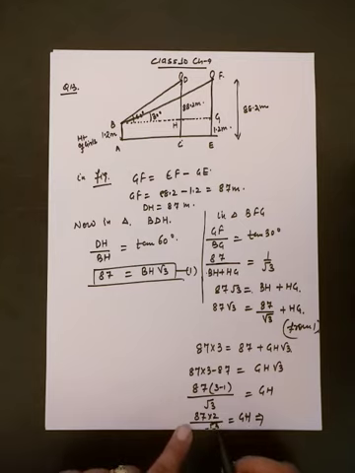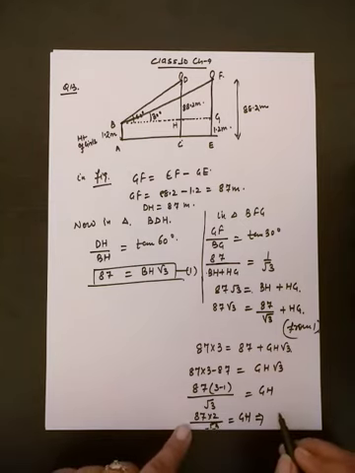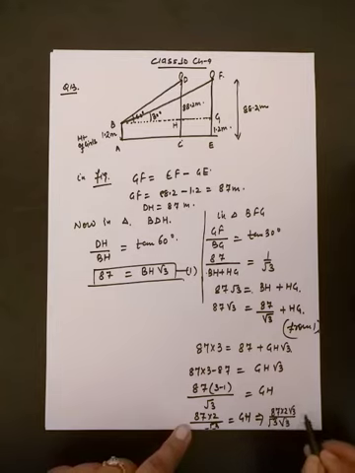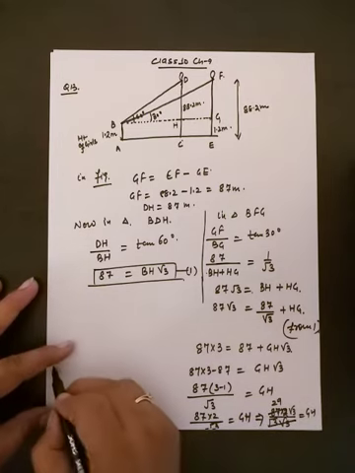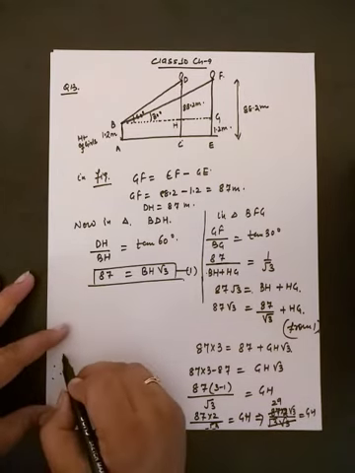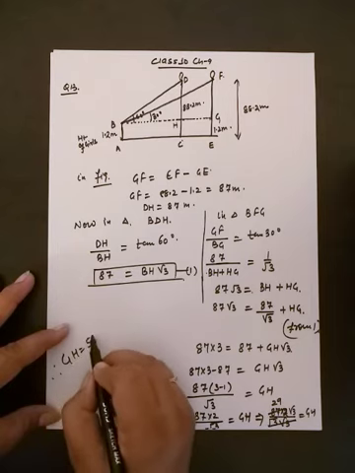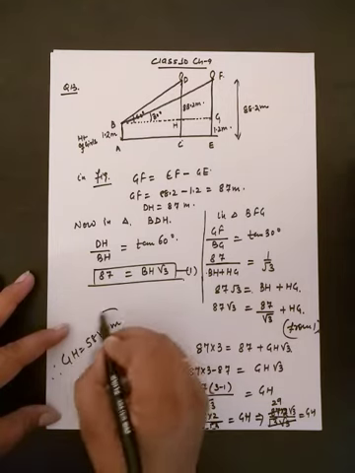Multiplying the numerator and denominator by root 3, we will get 87 into 2 into root 3 by root 3 into root 3. And this root 3 into root 3 will become 3. So we can cancel it. It will be 29. So 58 root 3. So therefore GH is equal to 58 root 3 meter.